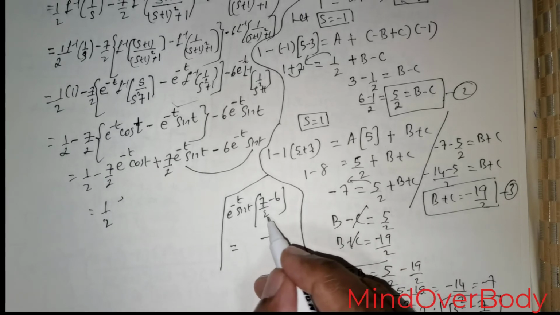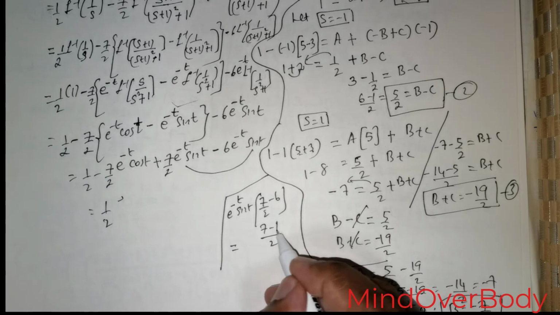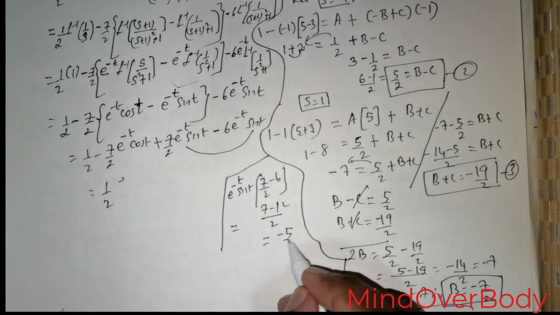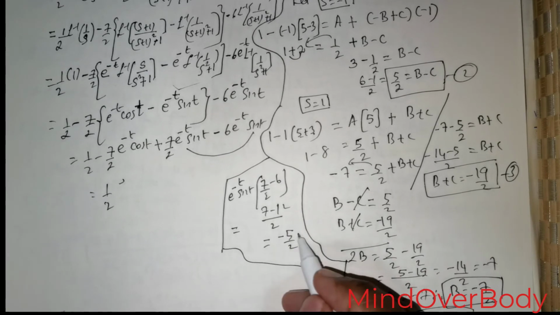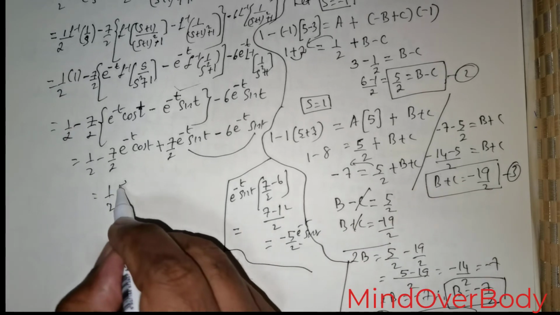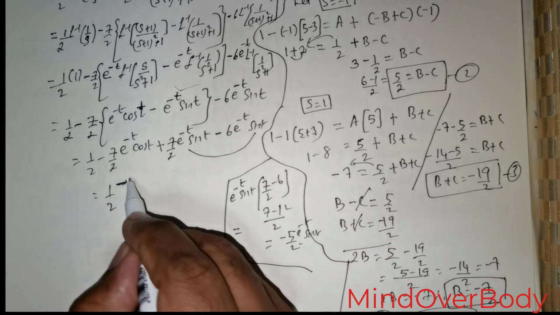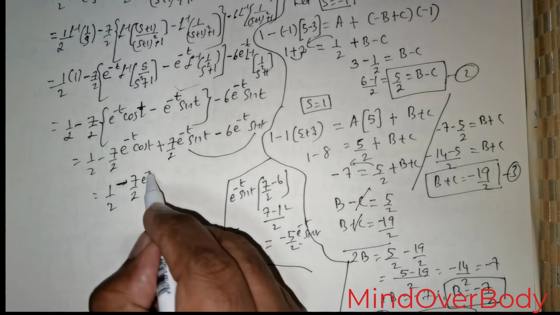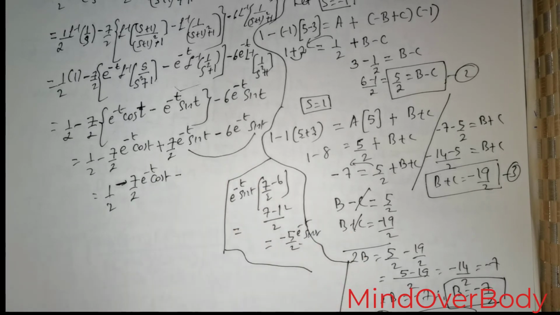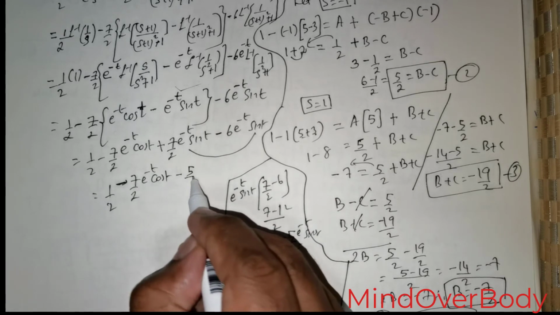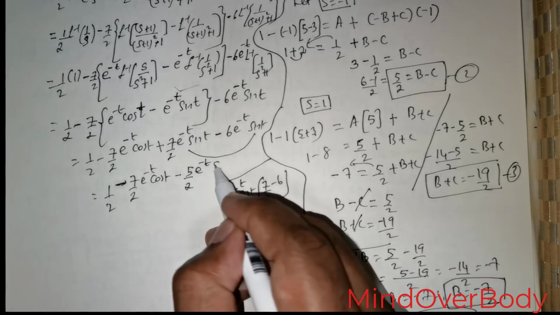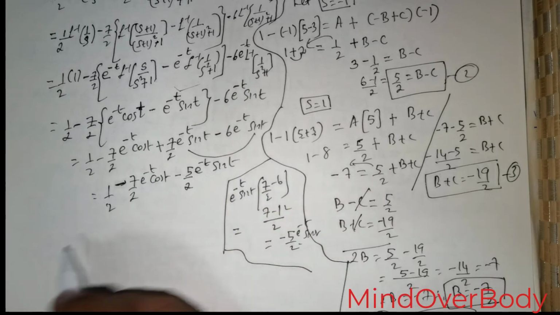I take the LCM as 2, 7 minus 2 times 6 is 12, which is going to give me -5 over 2. Of course you get e^(-t) sin t. So I would write this first, -7 over 2 times e^(-t) cos t, and this is going to give me -5 over 2 times e^(-t) times sin t.